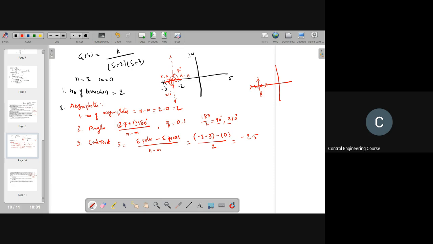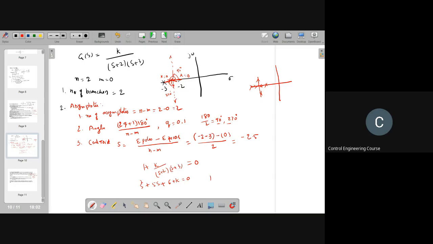actual points. So to calculate this one, we have to find dk by ds equal to 0, that we need to solve. How can we say? We have the characteristic equation, right? 1 plus k by s plus 2 into s plus 3 equal to 0. Then we can write this as s square plus 5s plus 6 plus k equal to 0, right?